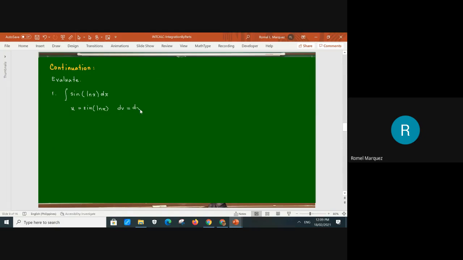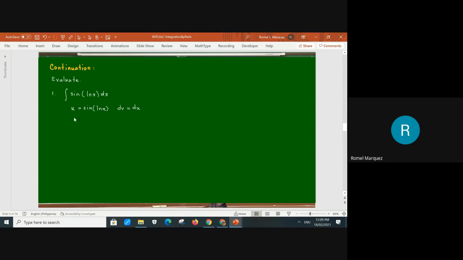Now our problem here, why this is not possible by trigonometric integration, is because of the absence of the derivative of ln x. The derivative of ln x is what? 1 over x. So there is no 1 over x here. So we're going to try if integration by parts will be applicable here.